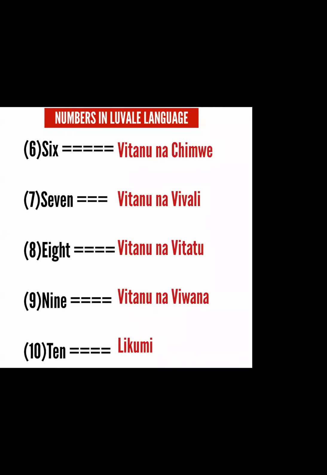Numbers in Luvale build on each other. The cardinal numbers, 1 up to 5, are very important to know. When you know these, you'll be able to correctly form other numbers, because these are the fundamental numbers.